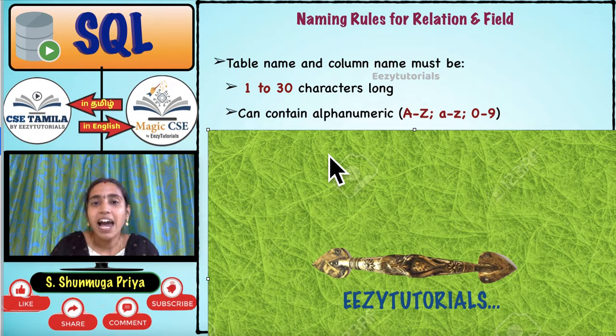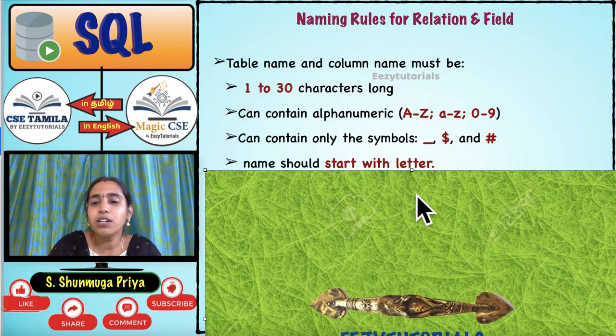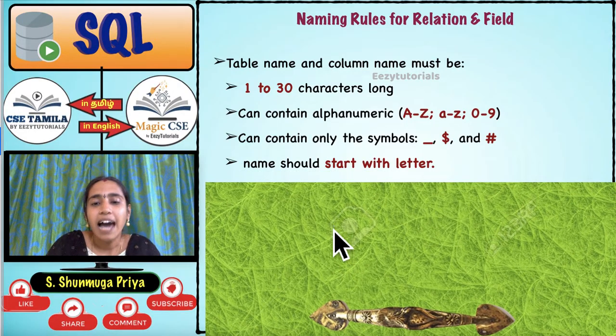Only 3 symbols are allowed for naming: underscore, dollar, and hash. Other than these you cannot use any other special characters or symbols. The name should always start with a letter, and not with a number or these 3 characters. Always it should start with the alphabets.